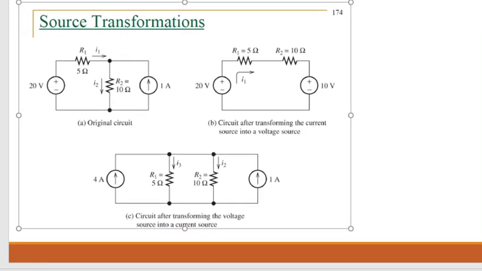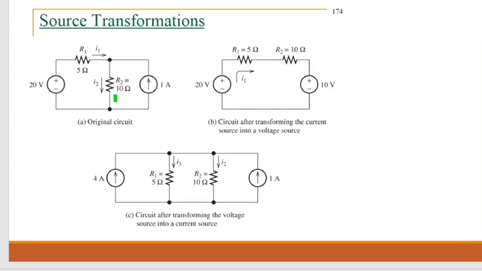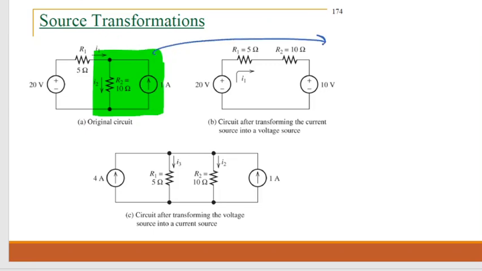Now see, in this case the current source is connected in parallel with the resistance, right? So can we convert this green portion into a voltage source? Yes, we can convert it.